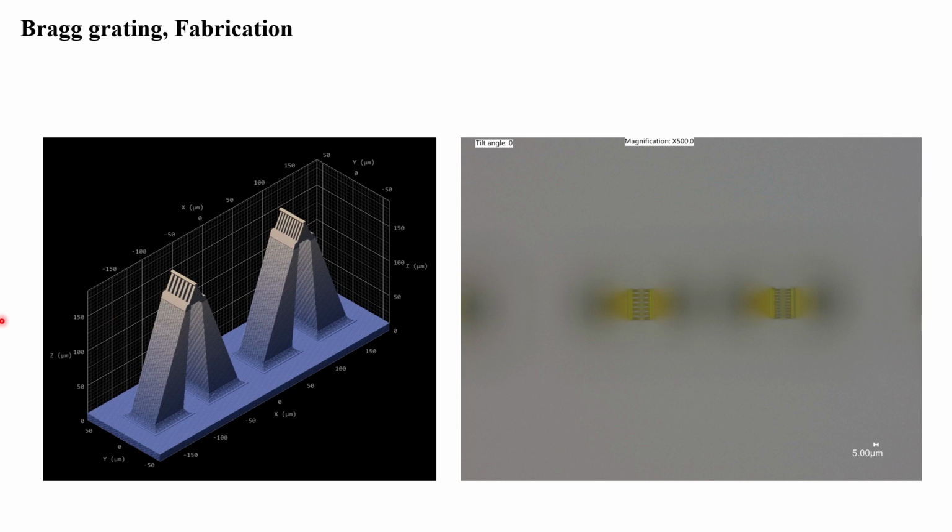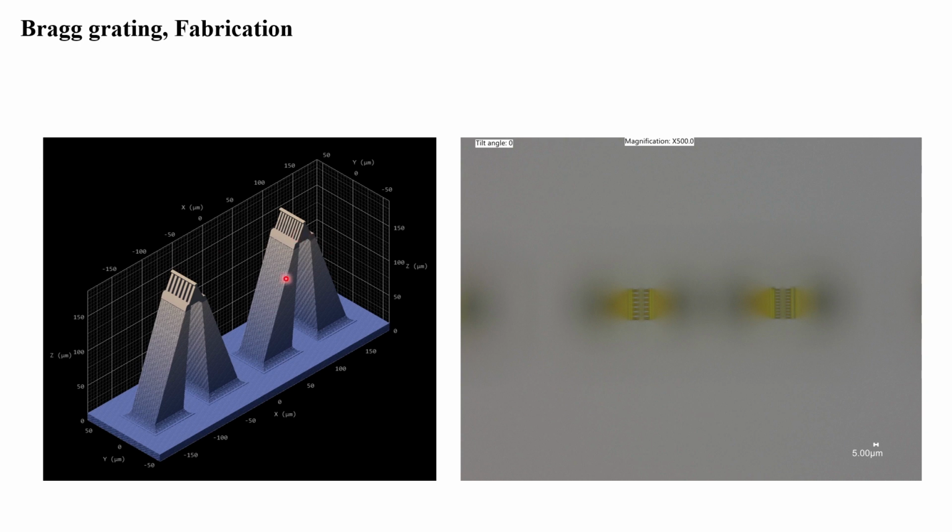Okay, so for testing our Bragg grating, we fabricated two Bragg gratings with different thicknesses of 2 and 3 microns for both air and the medium, which is IP-Dip with a refractive index of 1.54.